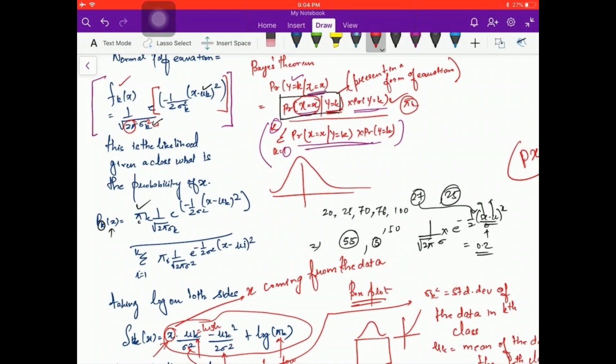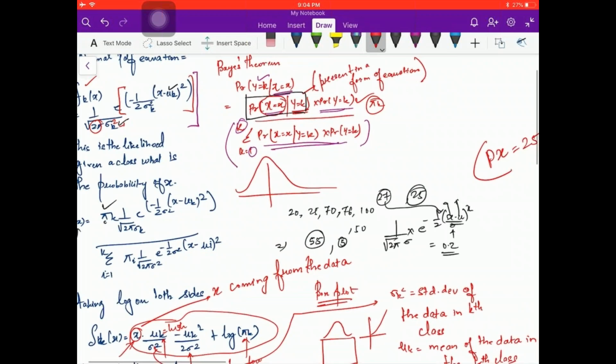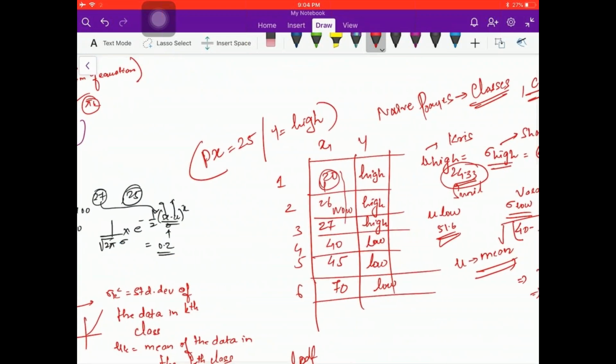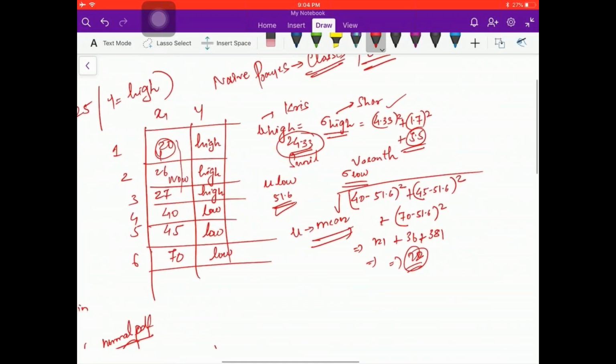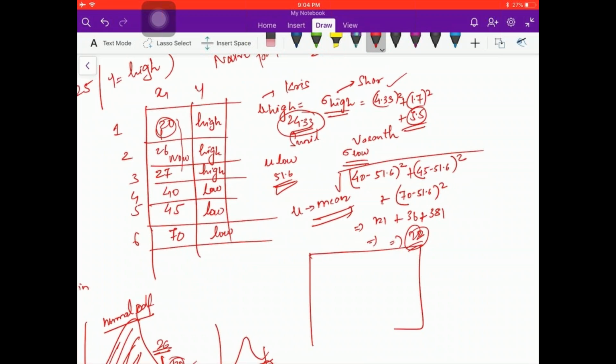Okay, guys, you need to revise the previous slides, because if you don't revise, it is difficult for you to catch up. See, when you have a continuous variable, you cannot do what you were just saying. Since 25 is not there, I cannot say it is 0 because it's a continuous variable.